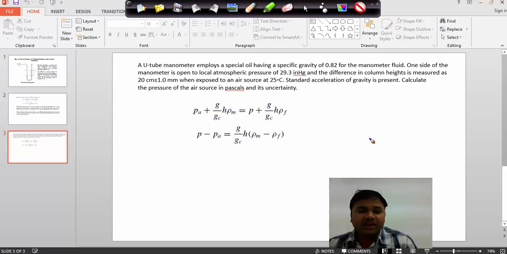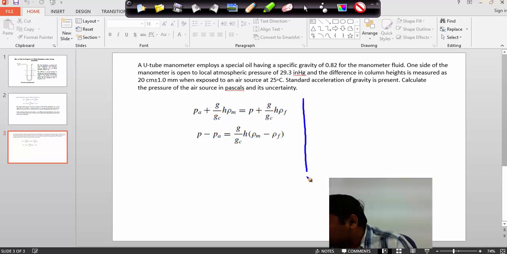Here the given data, the data whatever they have given, let's write here. This specific gravity, I can take specific gravity of the oil is 0.82 of the manometer fluid.